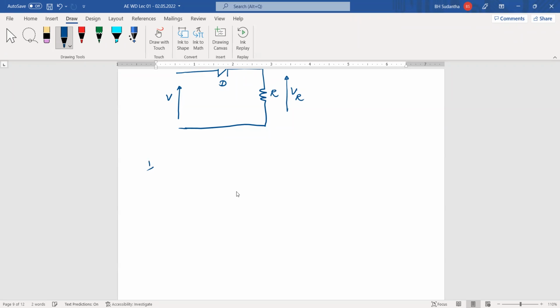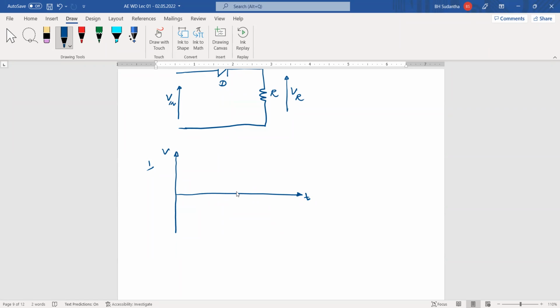Okay, when you apply voltages like this, this is the time, this is the voltage. So this is V in.